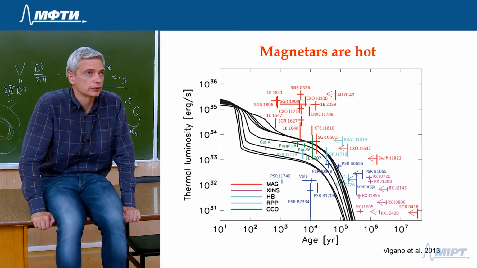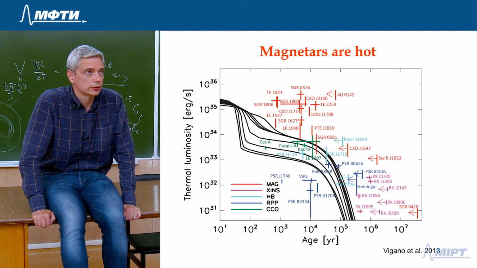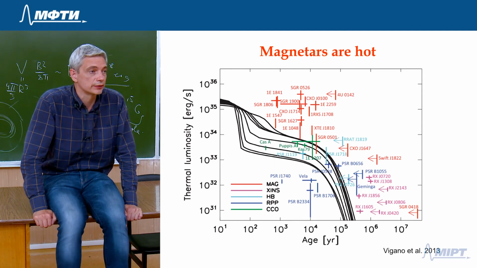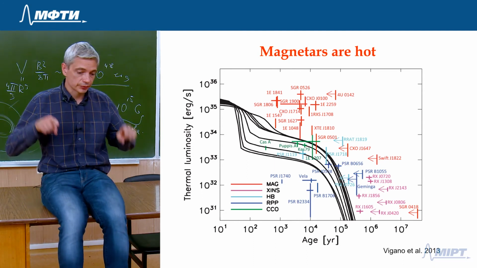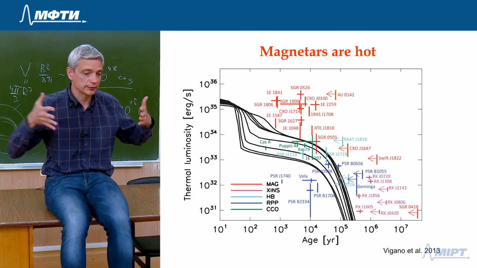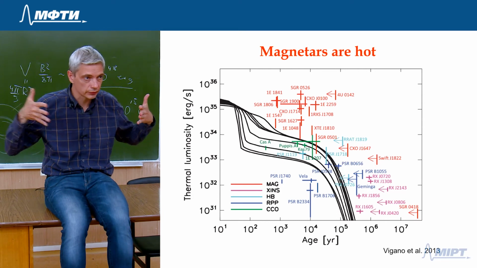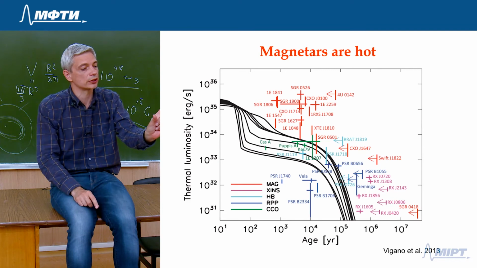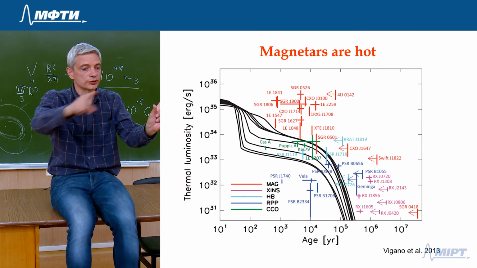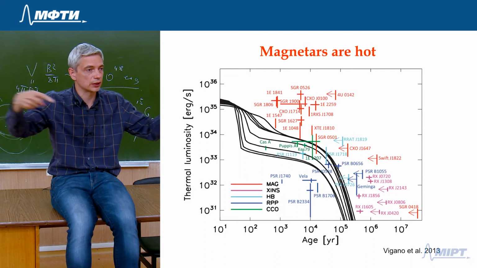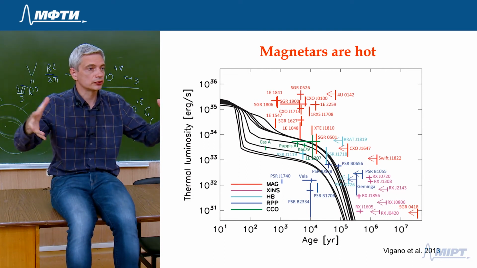I don't think you can have differential rotation between the core and crust, especially in these objects, when you have magnetic fields, because the magnetic fields penetrate and provide coupling, essentially. Magnetic field lines come through the interface between the crust and the core. The crust is like 1 kilometer thick. The core is about 10 kilometers in radius, and there are magnetic field lines threading the crust and the core. So this system is all coupled.